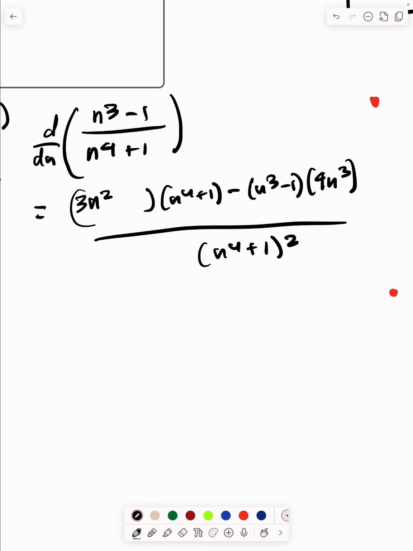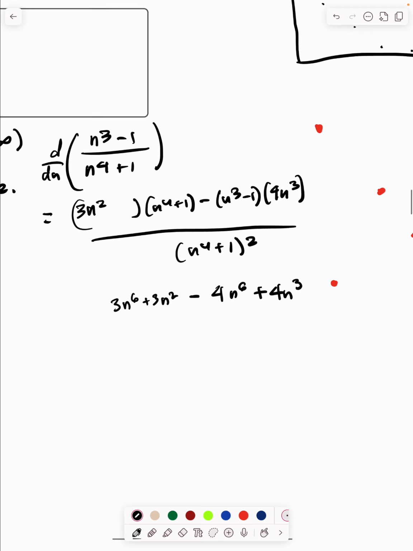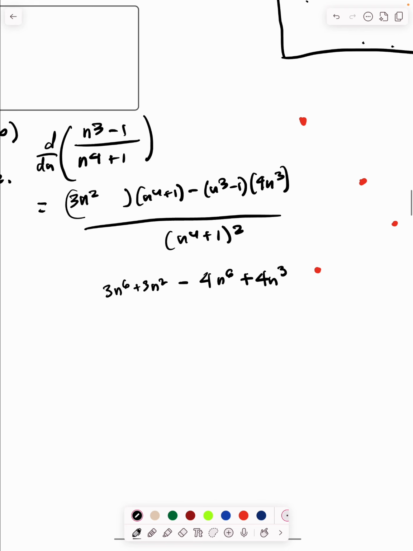When I multiply this out, I get 3n to the 6th plus 3n squared, and all of that minus 4n to the 6th plus 4n cubed. Okay, let's just look here.